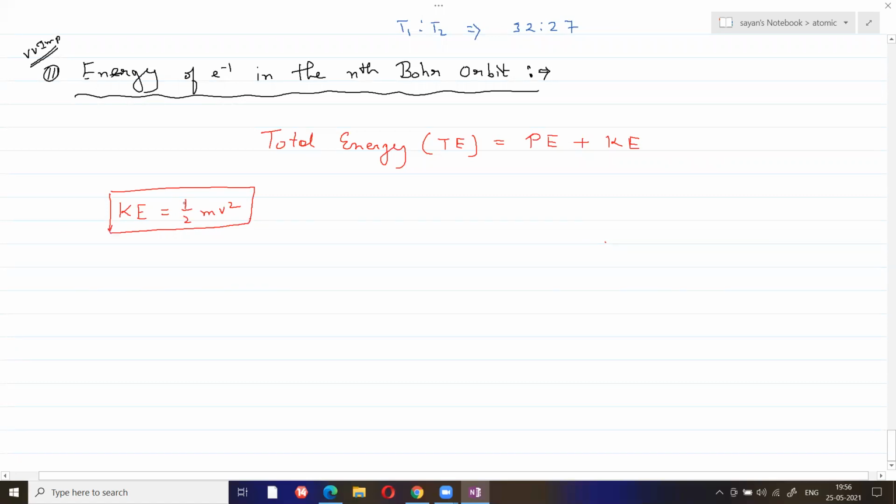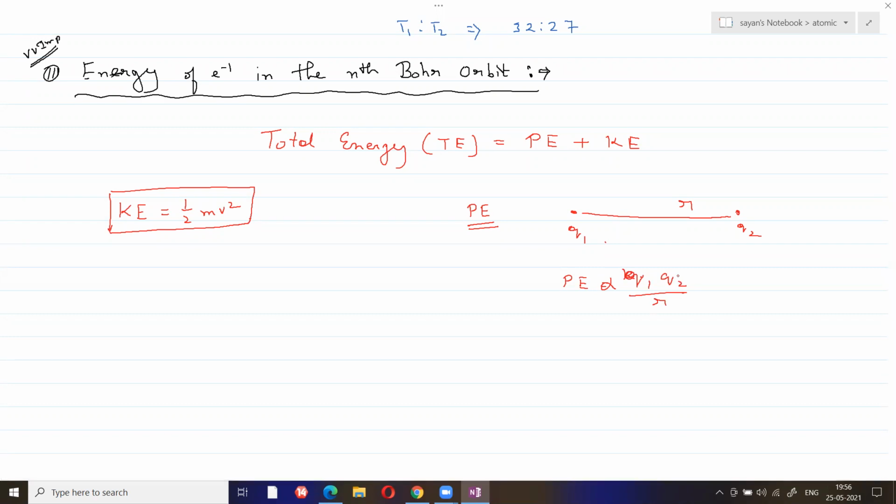Now for potential energy, suppose this one is a charge Q1, this one is a charge Q2. If the distance between Q1 and Q2 I am taking as R, what is potential energy? Potential energy is proportional to Q1 Q2 by R, not R squared. R squared is only for force of attraction.